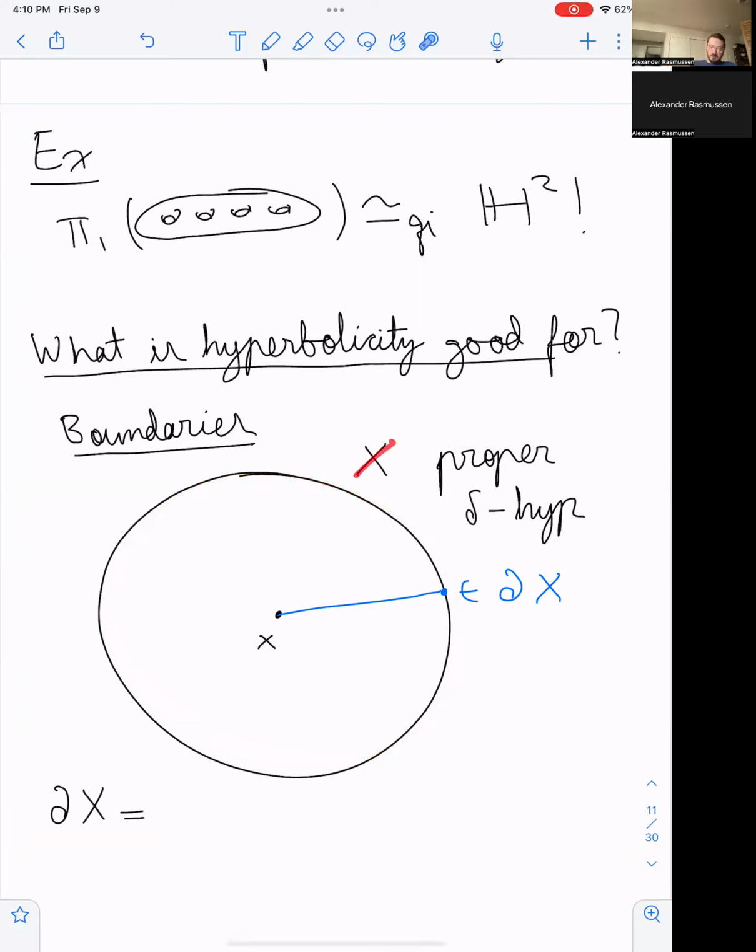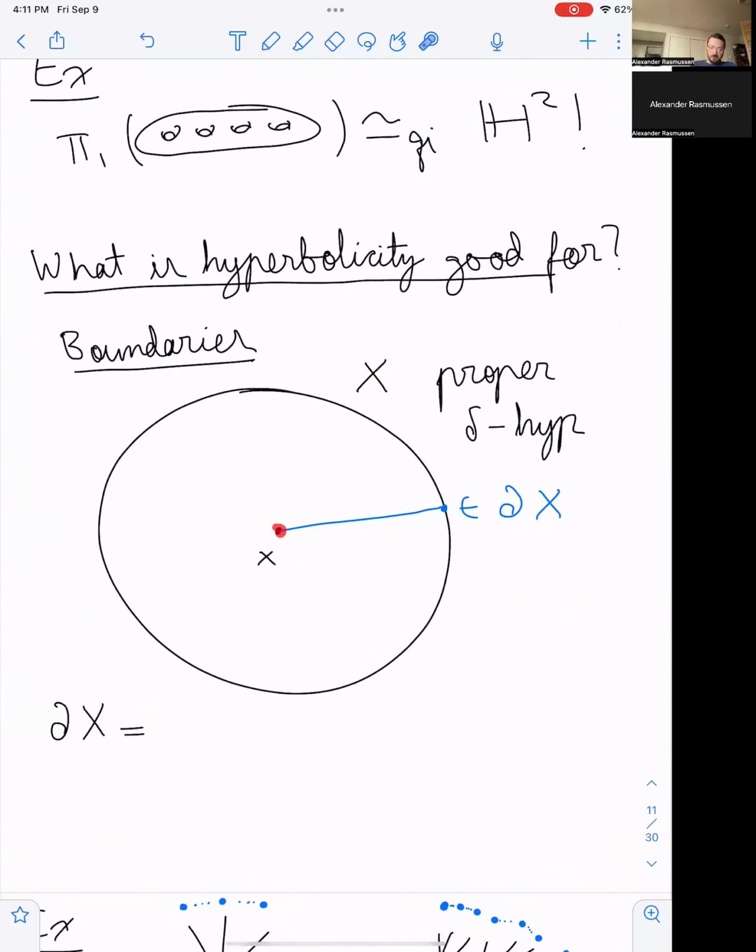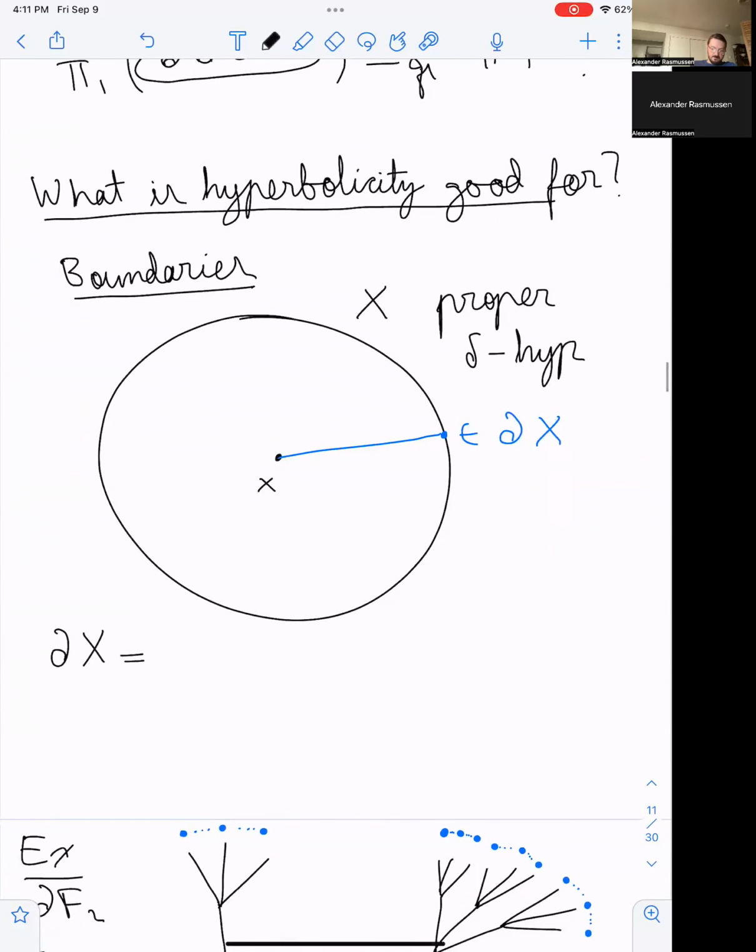So you have a proper geodesic, proper delta hyperbolic metric space X. And what we want to do is fix a base point in X. And the boundary just consists of all the different ways of going off to infinity in this space. So the boundary of X is the space of geodesic rays based at the base point.